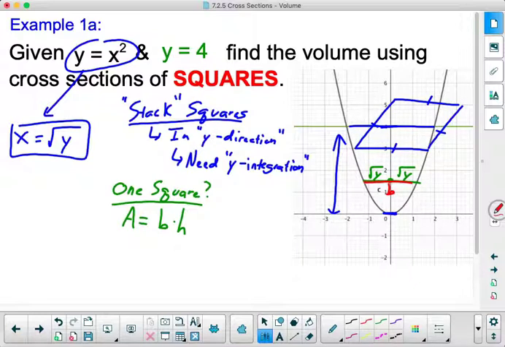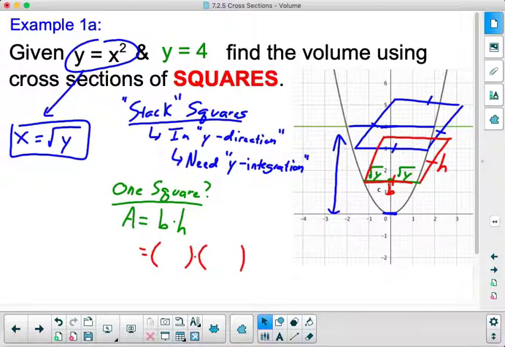But then what happens to my square as I go up and go over and come back down again? Because it's a square, my height is actually the same as my base. And so I'm going to multiply that one base times my height.